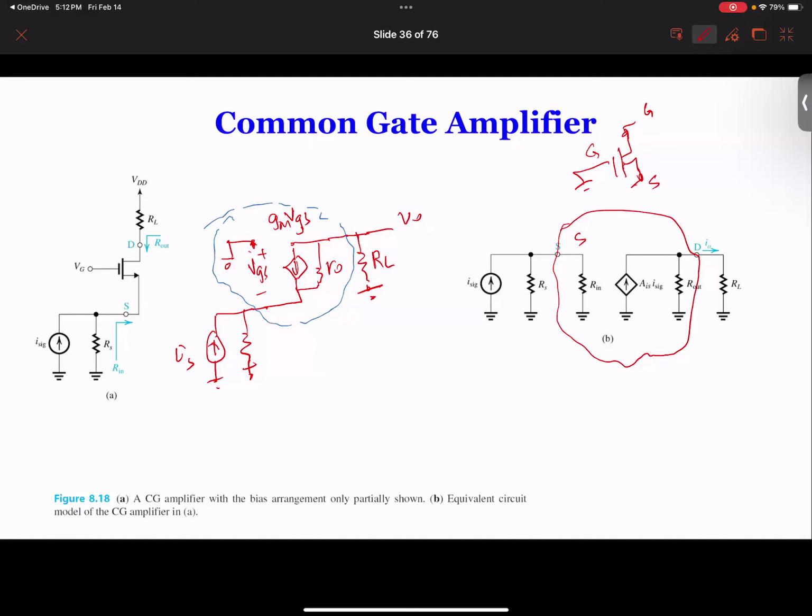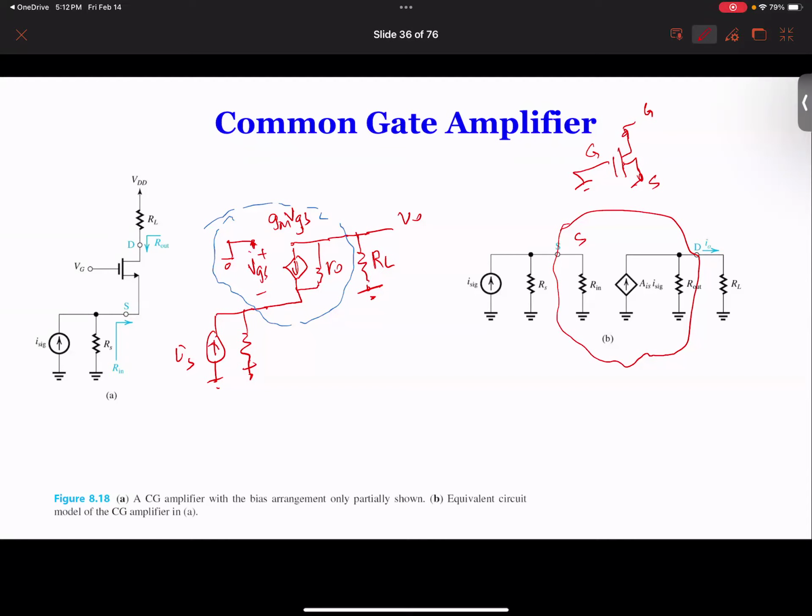Also, you need to be careful that this RL is connected to ground, not the source. That's another thing to be careful about. And VGS is from here to ground, but here is not ground, the top is grounded.